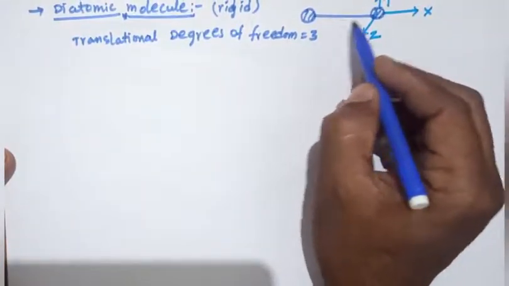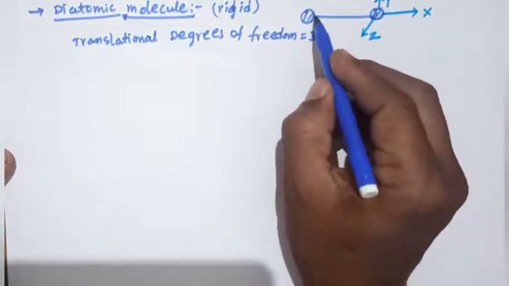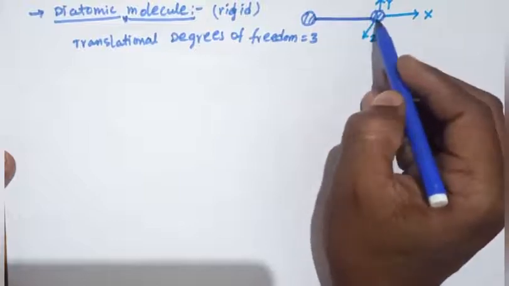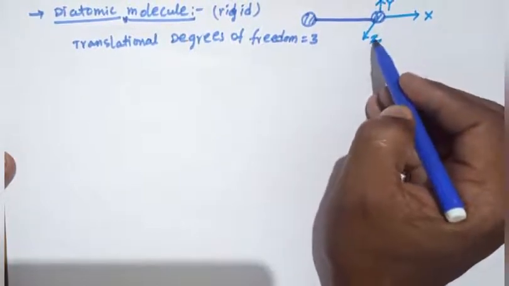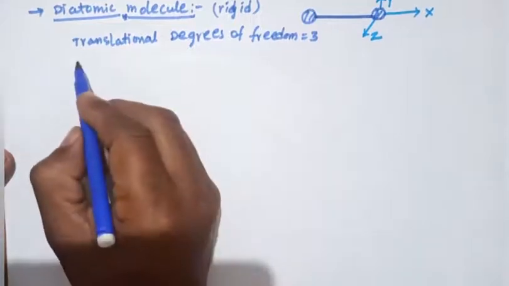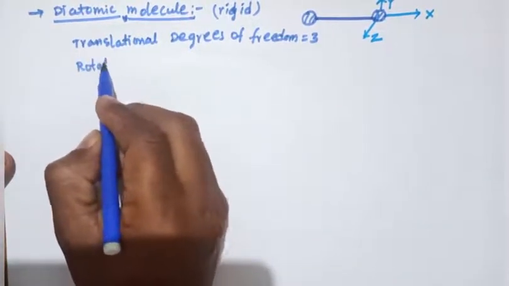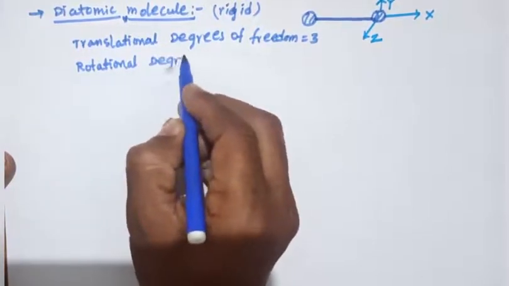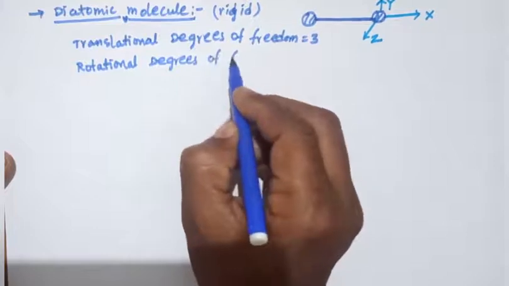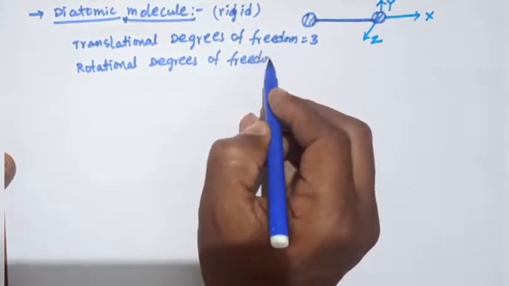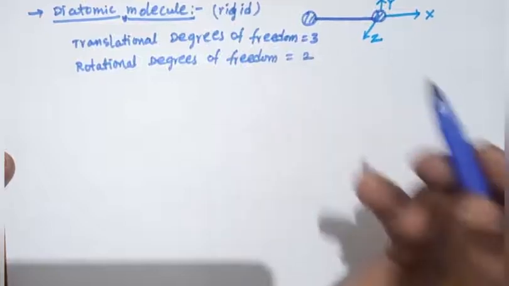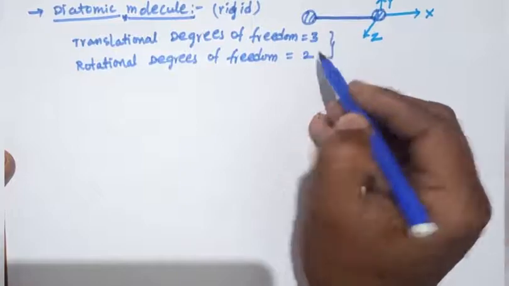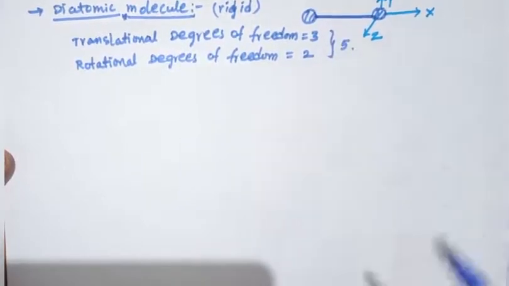Again, it rotates about the y-axis and also about the z-axis. So the rotational degrees of freedom equals 2, only 2 directions. Then the total degrees of freedom are 5.